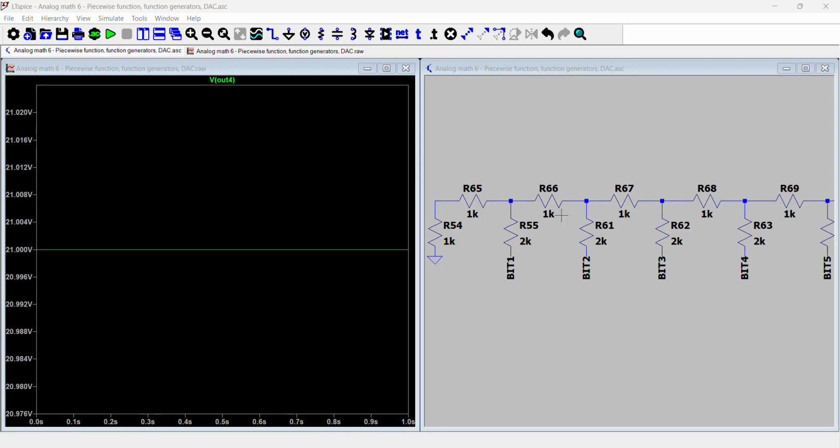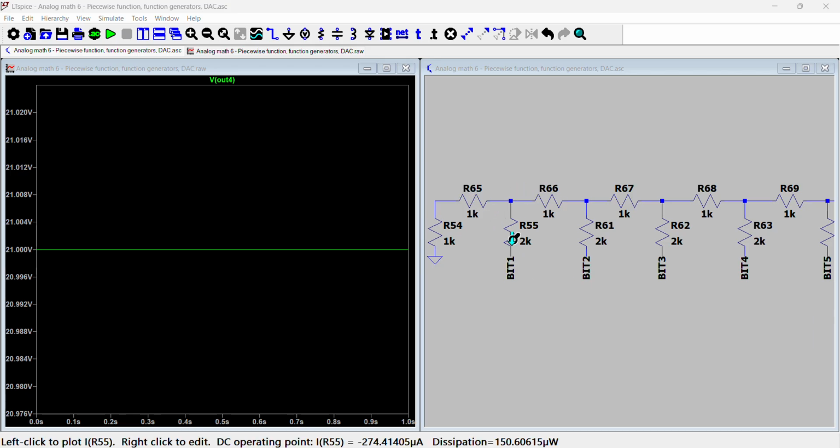And so what about this node? If we connected this node, and let's say bit 2 is just off right now and it's grounded at 0 volts, then what is the voltage at this node? Well, now we have half of bit 1 here going through the voltage divider, right? And the resistance here is 2K in series with 2K, in parallel with 2K, so therefore it's actually 1K.